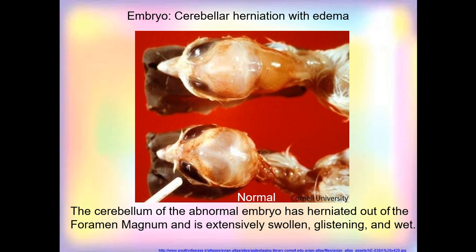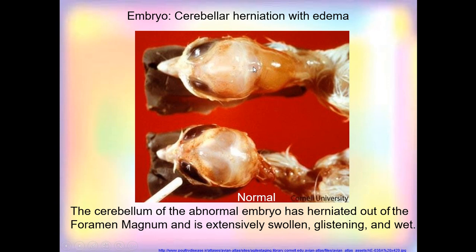In the embryo affected by avian encephalomyelitis, or AE, this is the normal embryo here. The shape of the skull, the head, is normal, without any abnormalities in the neck here.